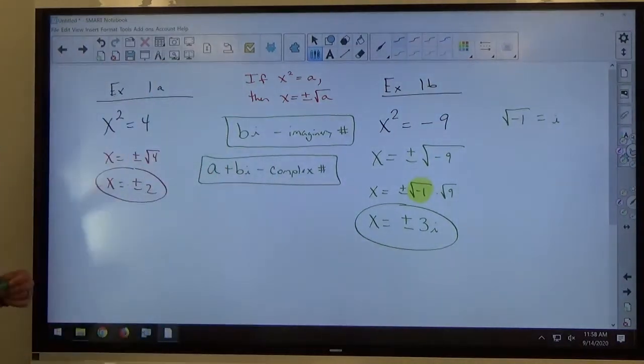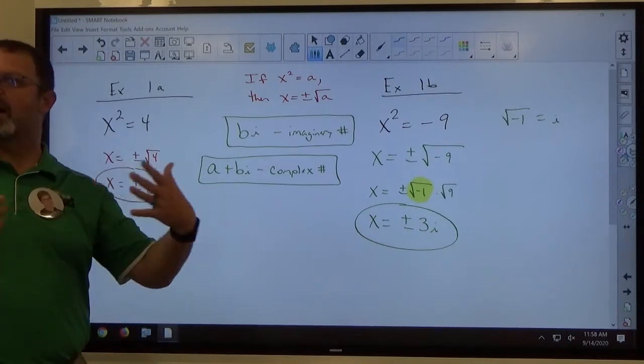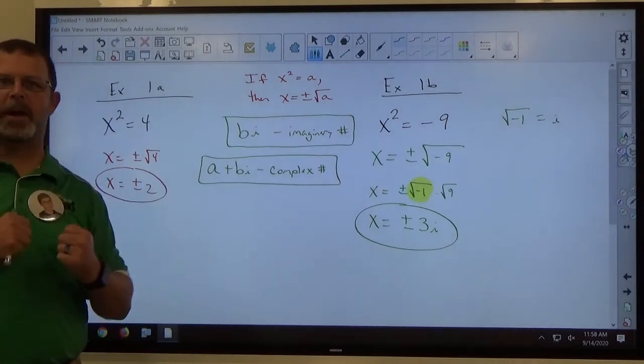Sometimes I'll refer to a complex number, that means there's a real and an imaginary part to it. Or I might refer to it as an imaginary number, that just means it's only an imaginary part: 3i, 5i, 2i, 1/2 i, -7i, whatever. It's just something times i. But if I say 5 plus 3i, now it's a complex number. It's got a real part and an imaginary part.